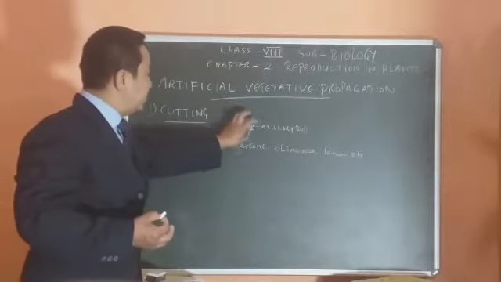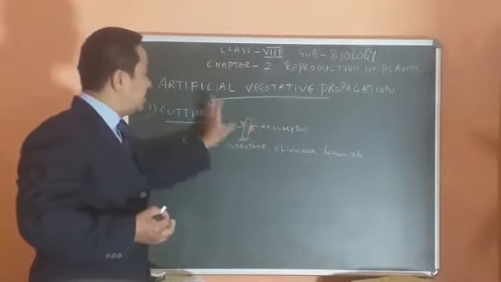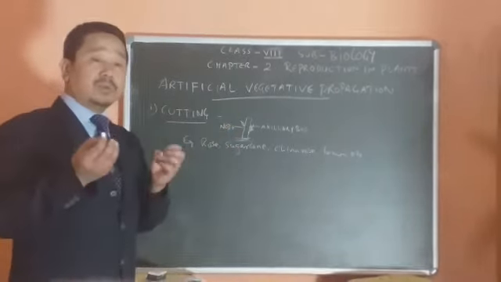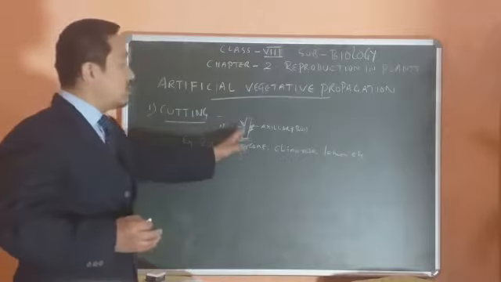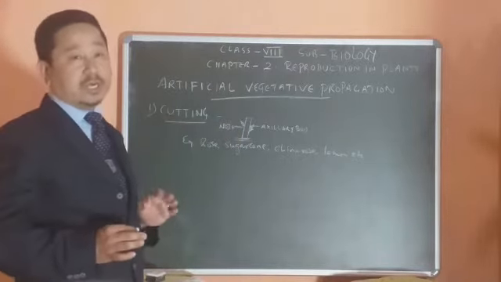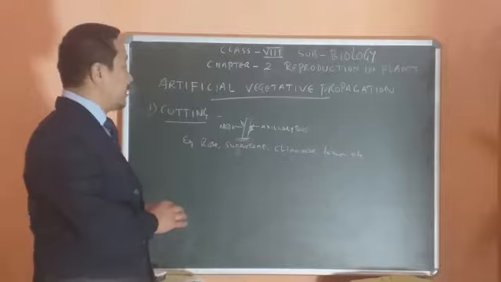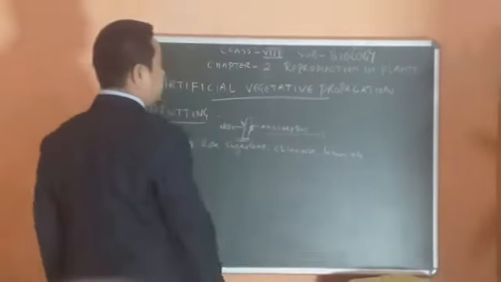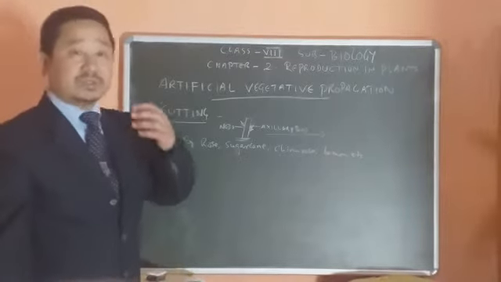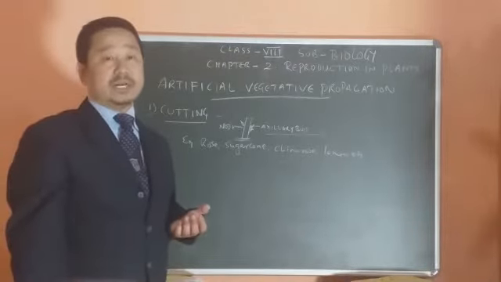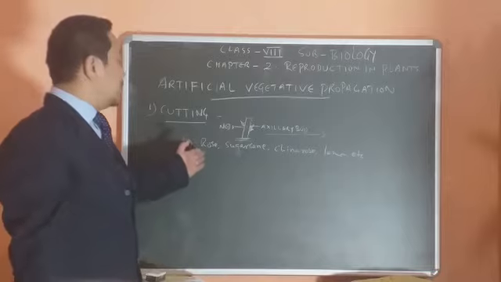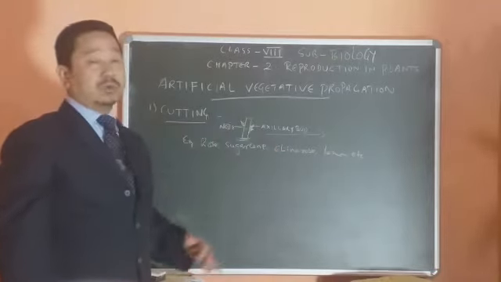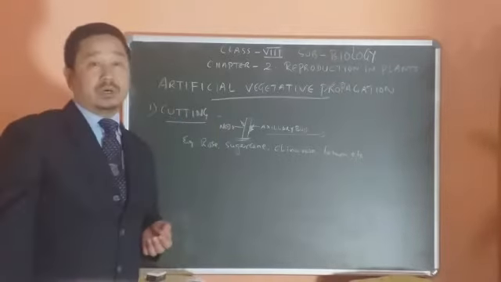Once everything has grown well, this axillary bud is seen well developed, the node is well developed, then we'll be sure that the cutting is successful. Then we can transplant it to the main field. So this is called cutting, which we can do with plants like rose, sugarcane, China rose, lemon.